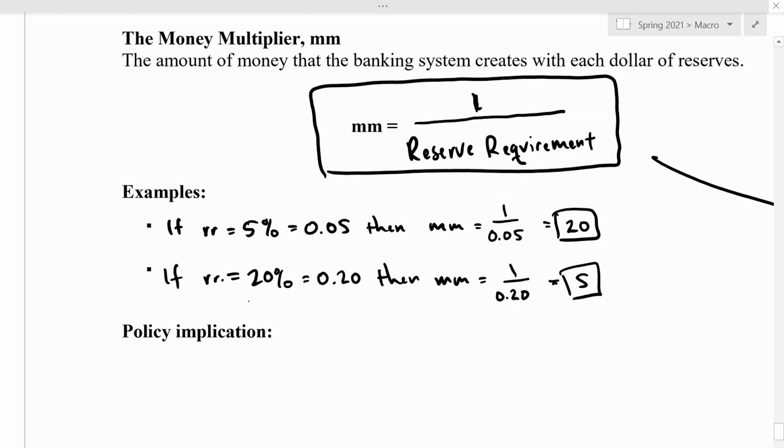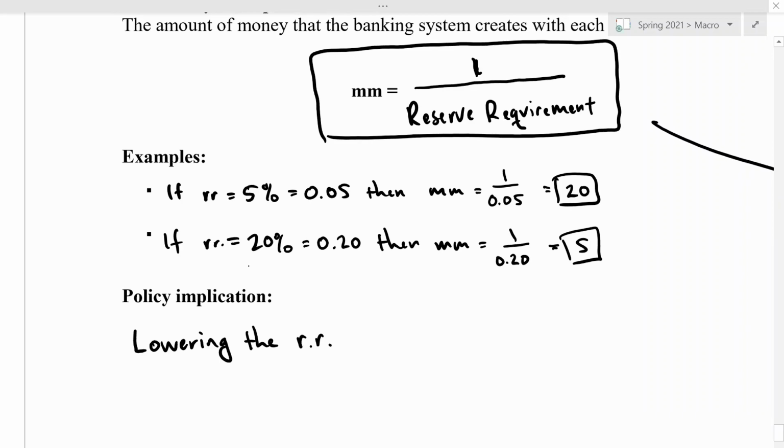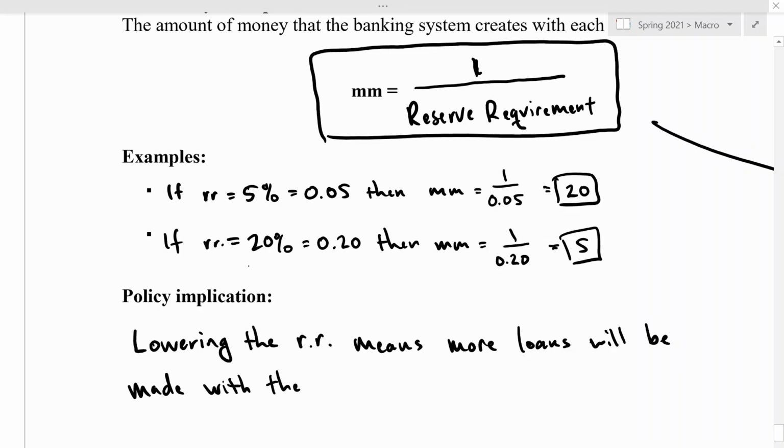lowering the reserve ratio or reserve requirement means more loans will be made with the deposits.